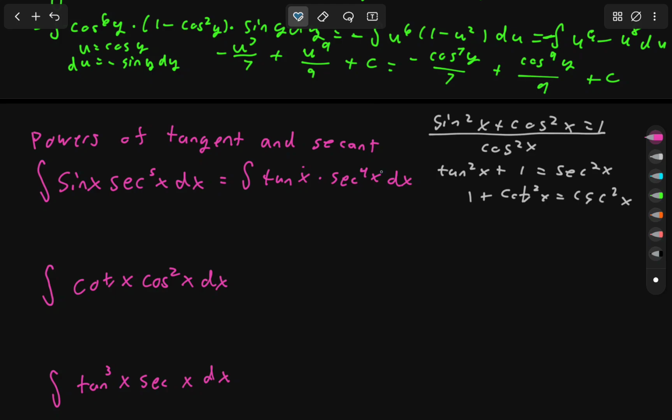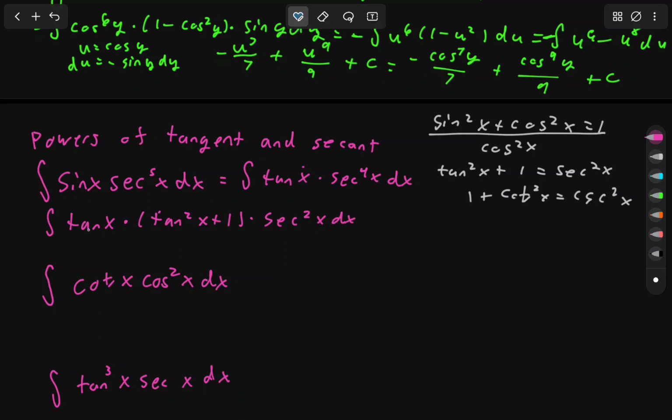Now all we have to do is we are going to reduce this power by 2. So we are going to actually make this into the integral of tangent of x times secant squared, which is the same thing as tangent squared of x plus 1 times secant squared of x dx. Why did I leave behind the secant squared?